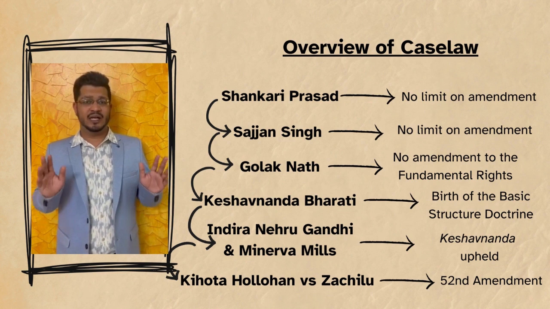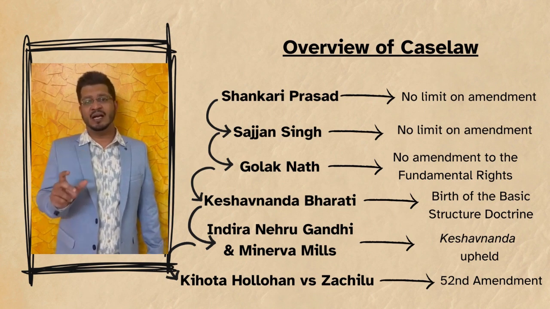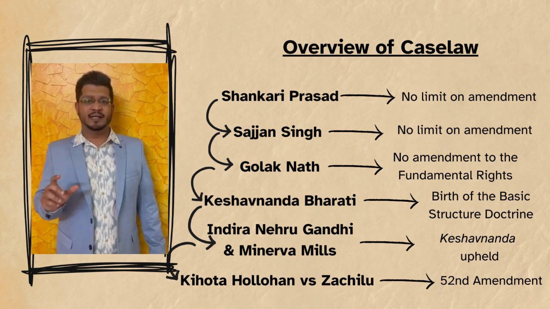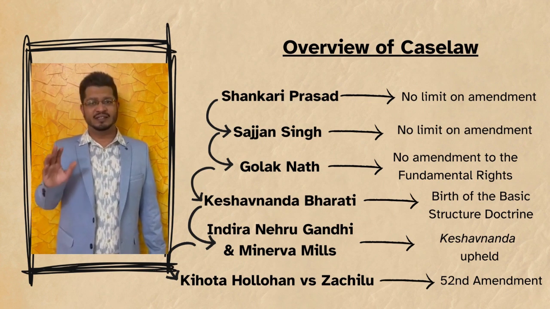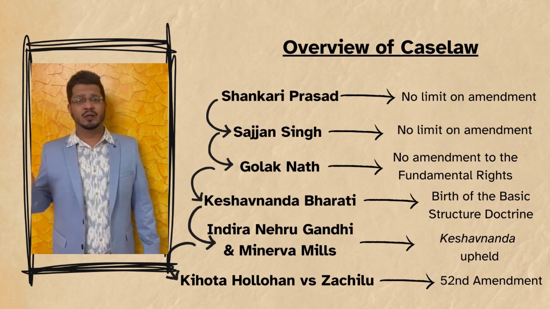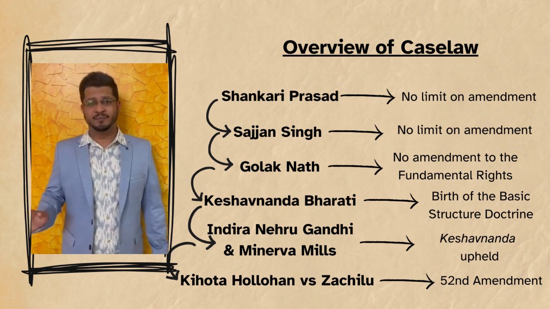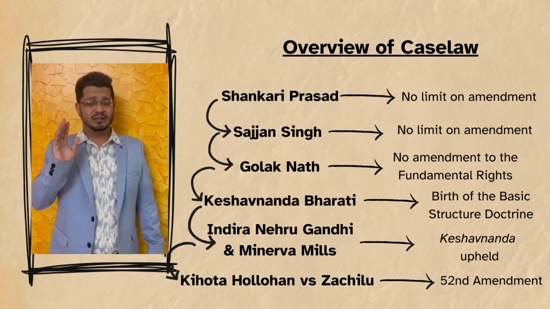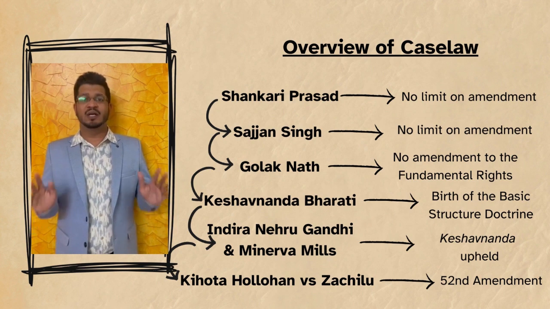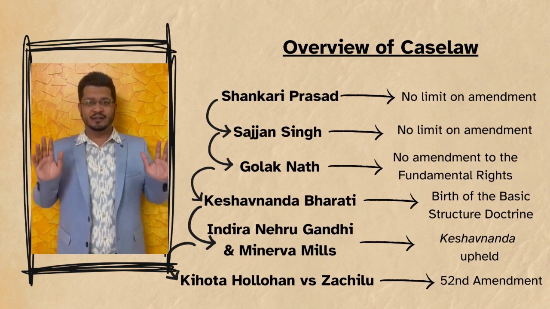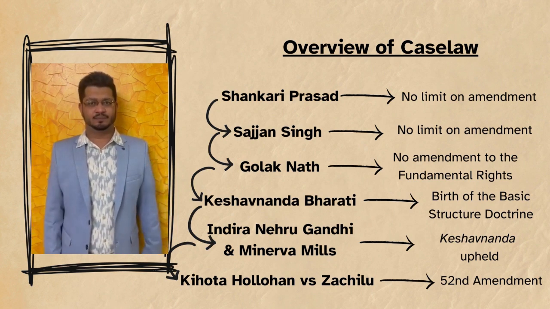The 52nd Constitutional Amendment introduced an anti-defection law whereby members of a party were disqualified from membership of a legislature if they defected to another political party. This was one of the rare constitutional amendments which was actually applauded and appreciated by the Honorable Supreme Court, and therefore it is necessary that we must discuss it.